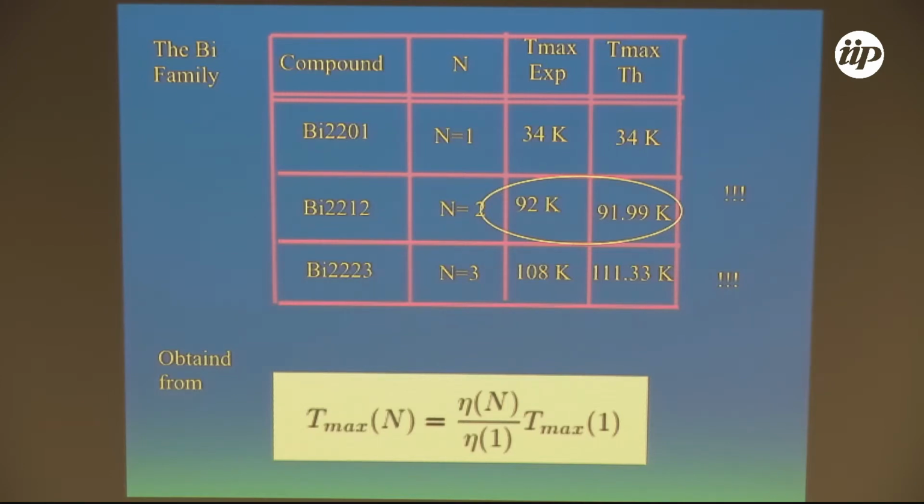So this is n equals 1. For n equals 2, we see we have excellent agreement. For n equals 3, it's not so good. This on the right are just the result of this equation here.